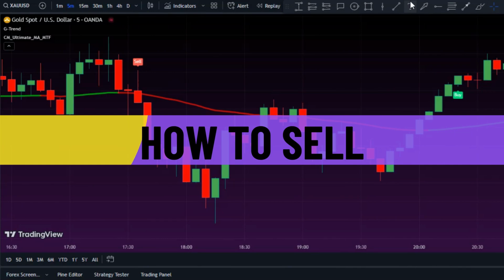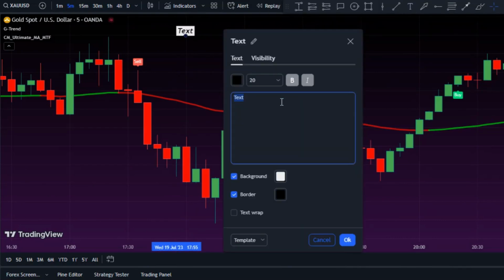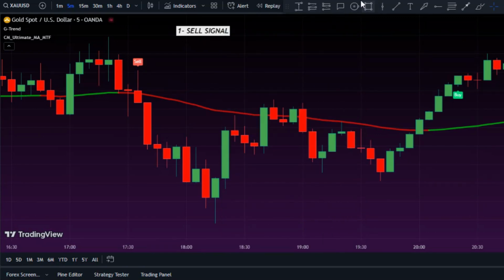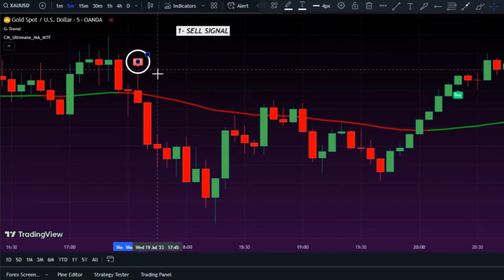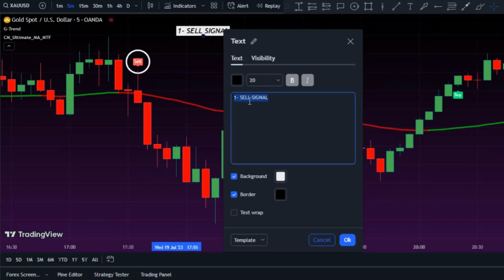And the rules for sell trades are similar. We'll first need a sell signal from the G trend indicator. Then the price will need to be below the red CMA ultimate indicator to confirm a downtrend.